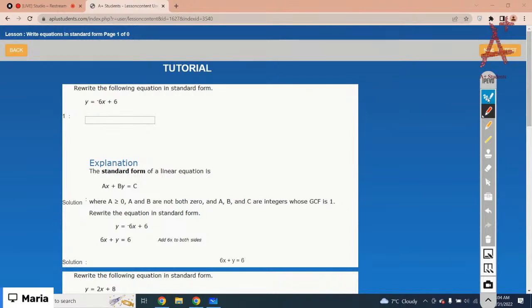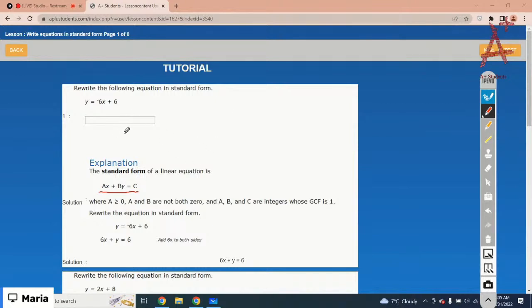The standard form of the linear equation is ax plus by equals c, where a is greater than or equal to 0, a and b are not both 0, and a, b, c are integers whose greatest common factor is 1. Got it?